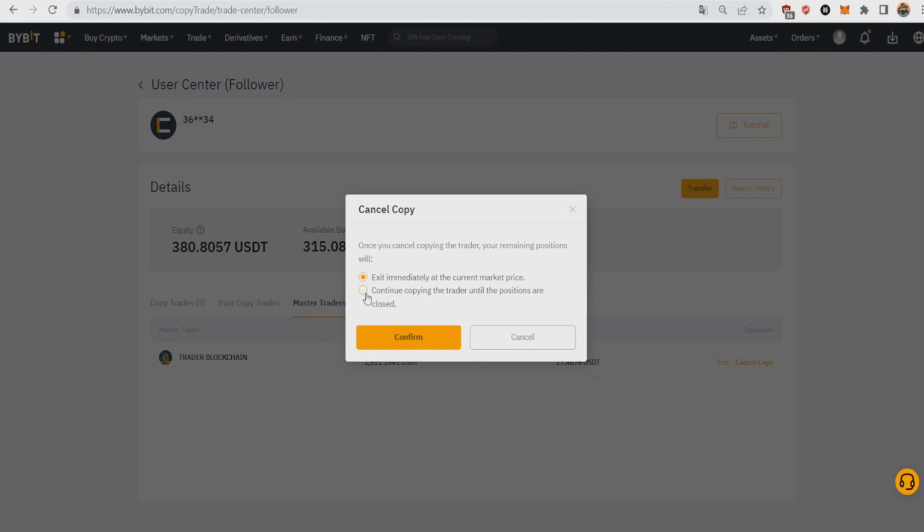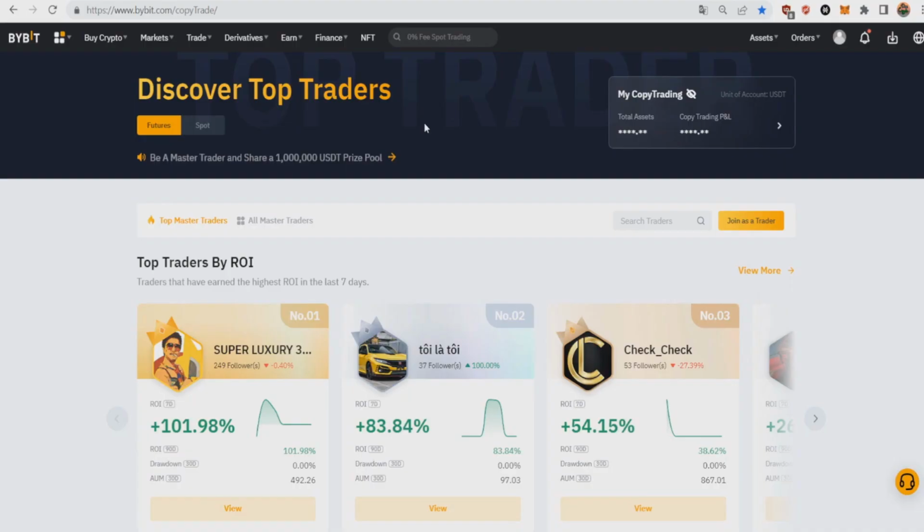It can happen even with the best traders. So if you want to cancel copy, I would click continue copying the trader until positions are closed. So you will still have the position open of this copy trader, but you can finally, if you want, just follow another copy trader. So yeah, guys, these were all my tips and tricks and how to do about copy trading.